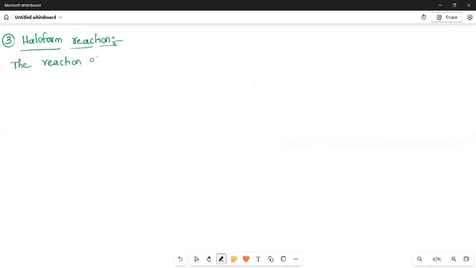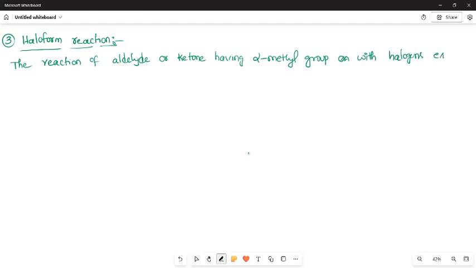The reaction of an aldehyde or ketone having an alpha methyl group with halogens, especially chlorine, bromine, and iodine in presence of a base, produces haloform.